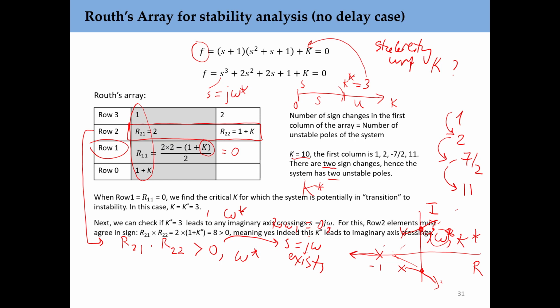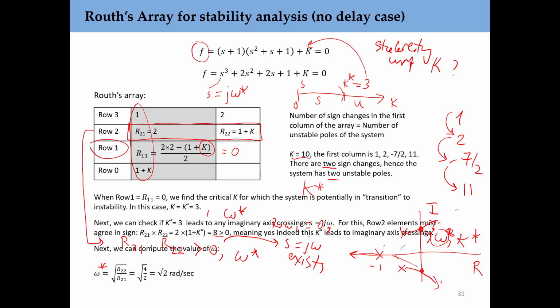So it became a little messy, but you can easily confirm that for k equals k star, the R21, R22 multiplication is indeed positive. There's a sign agreement between the row 1, row 2 elements. In that case, the omega value will be found by the ratio of R22 to R21 and then the square root. So at square root 2, there's going to be a crossing. That's omega star.